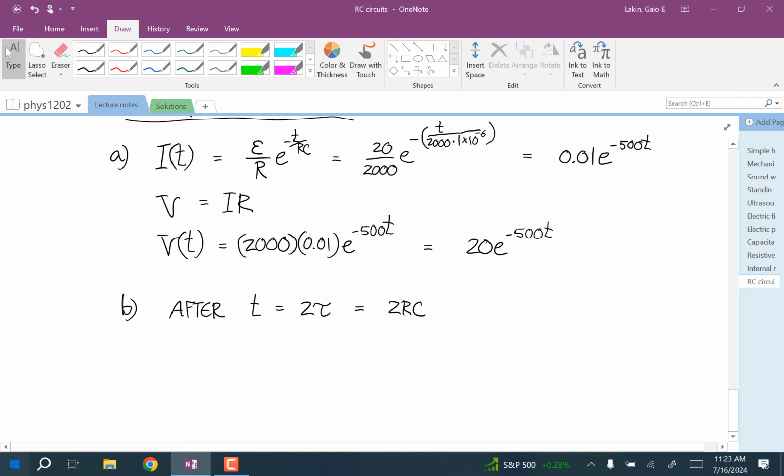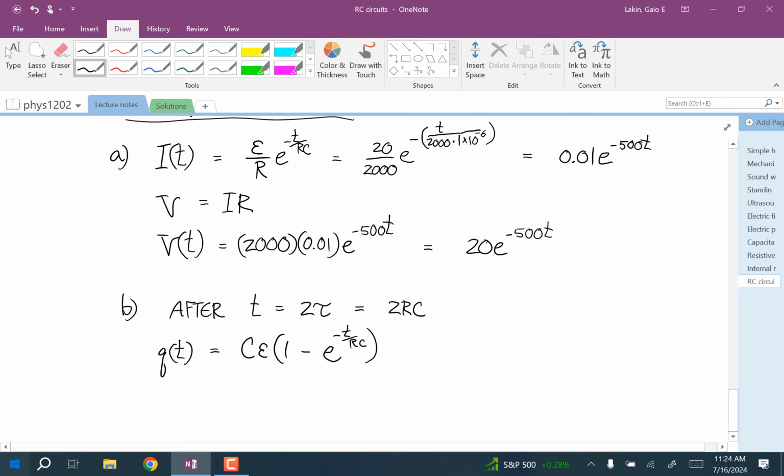Okay, so the equation for charging says Q as a function of time is equal to C times epsilon times the quantity 1 minus e to the power of negative t over RC.